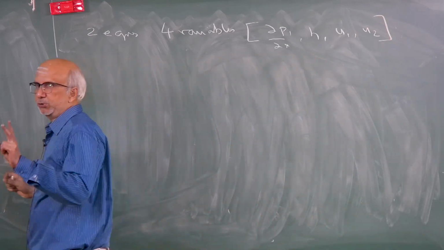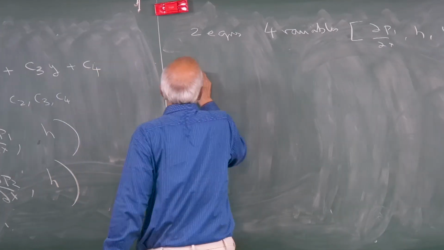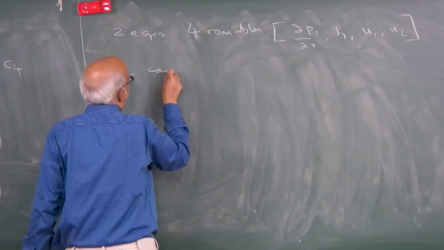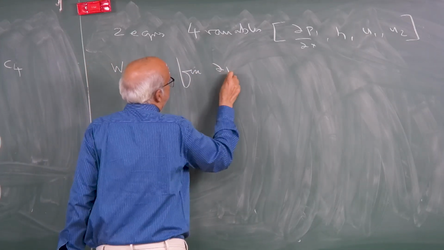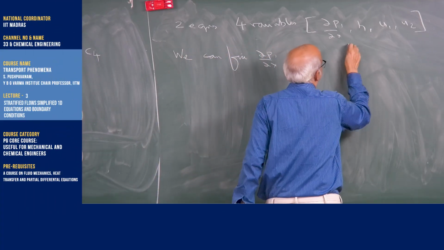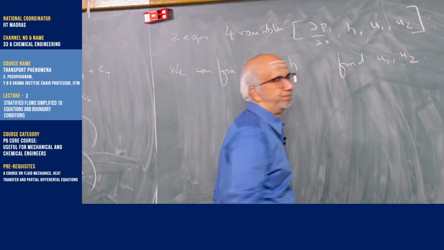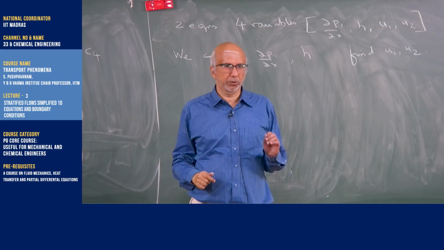So, I can fix 2, find the other 2, okay. So, we can fix dp1 by dx and the interface position, find u1, u2, okay.